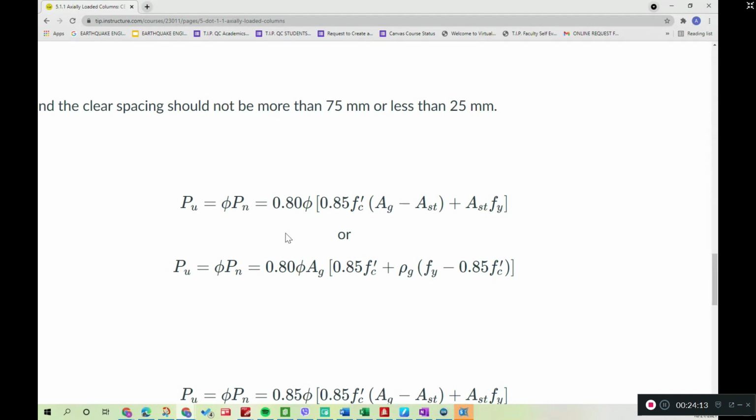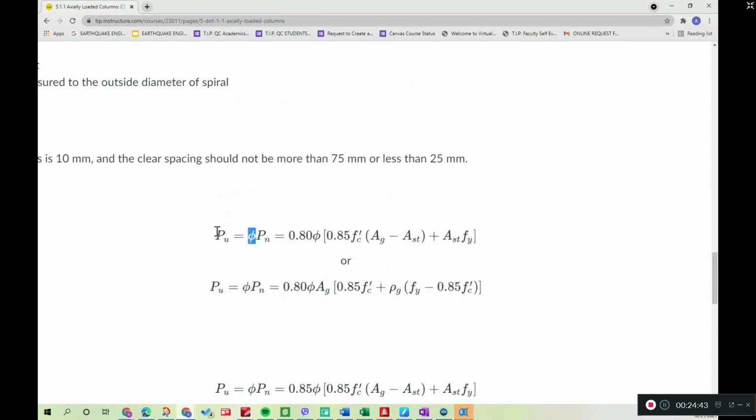But of course, when you have to determine this, for example, with your 0.65, you have to equate these equations so that you'll be able to get either A sub g or A sub st. So you can play with this, especially if this one is given in the problem.